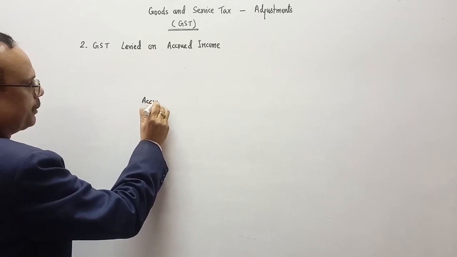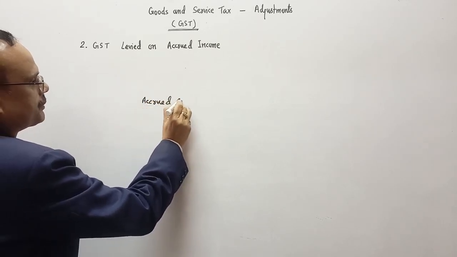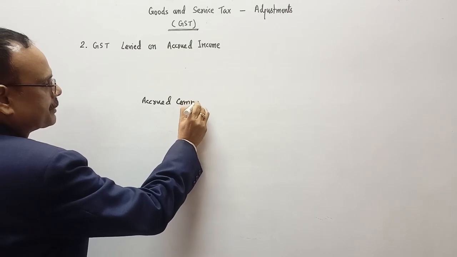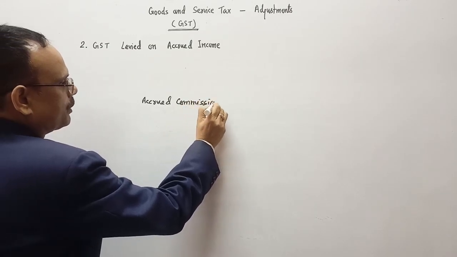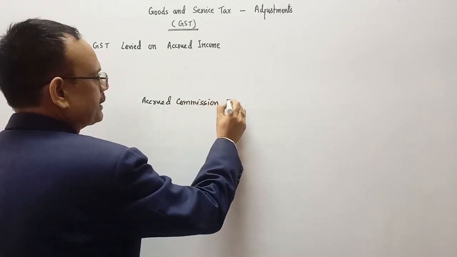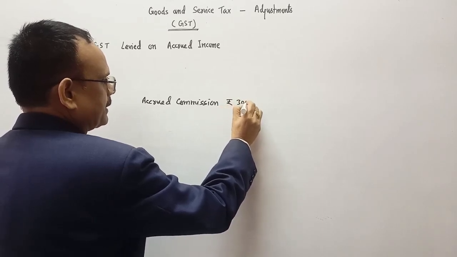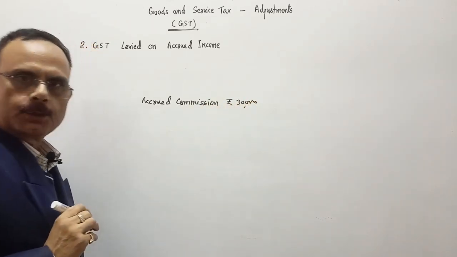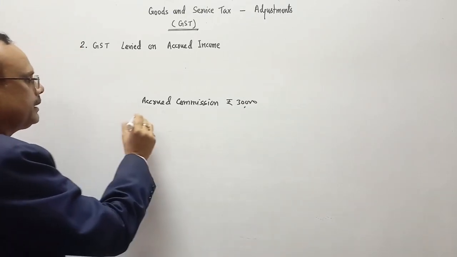Suppose the accrued commission is rupees 30,000.